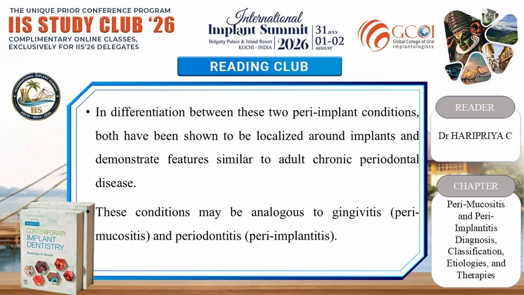In differentiation between these two peri-implant conditions, both have been shown to be localized around implants and demonstrate features similar to adult chronic periodontal disease. These conditions may be analogous to gingivitis, that is peri-mucositis, and periodontitis, peri-implantitis.